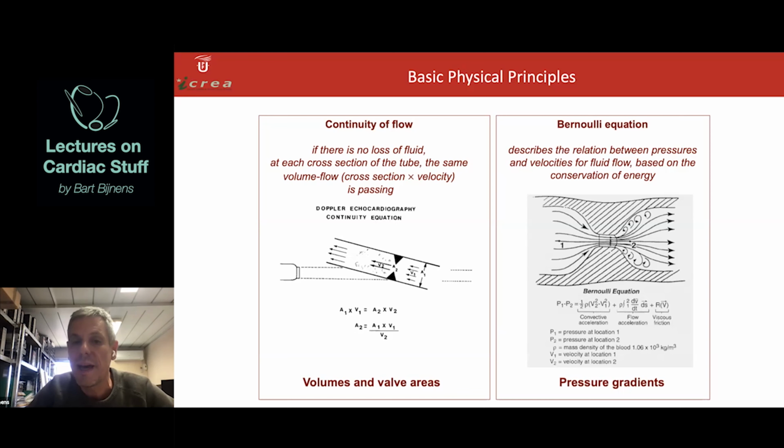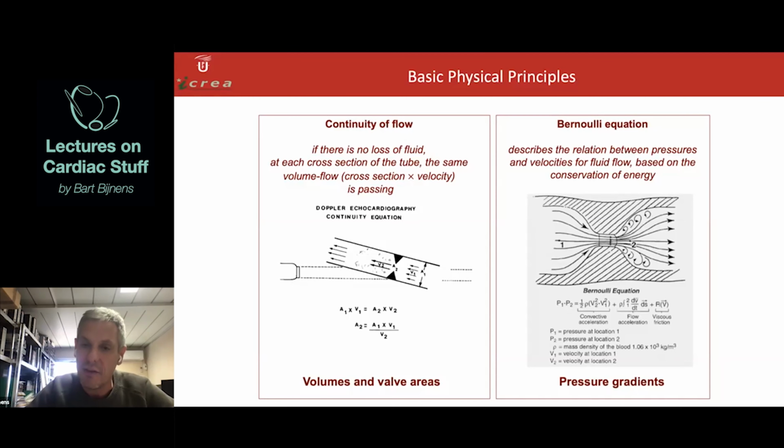What we assume is that within the heart, we mostly have flat velocity profiles. In a tube, you always have a parabolic profile, but within the ventricle and within the valve, the profile is relatively flat. So even if you just measure in one position, you can extrapolate over the whole surface that you're looking at.